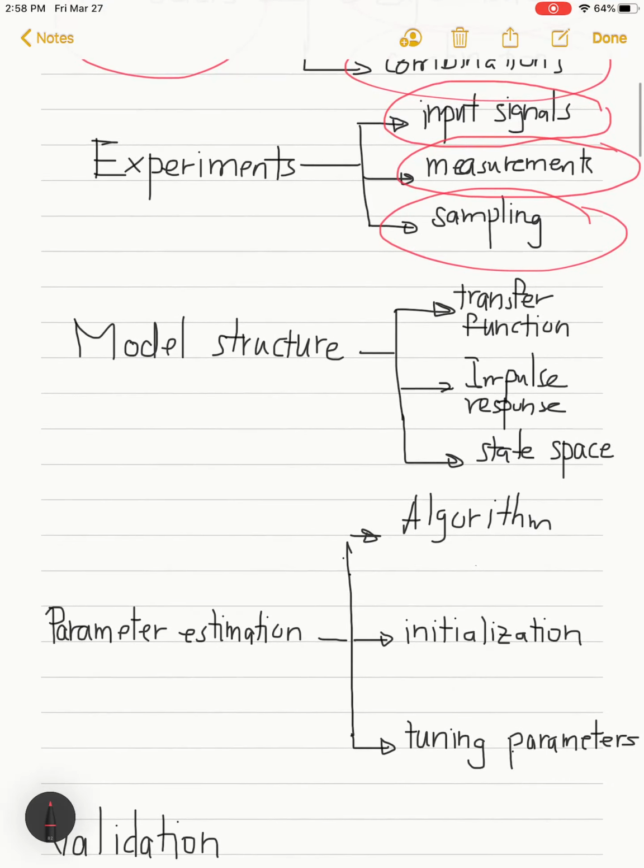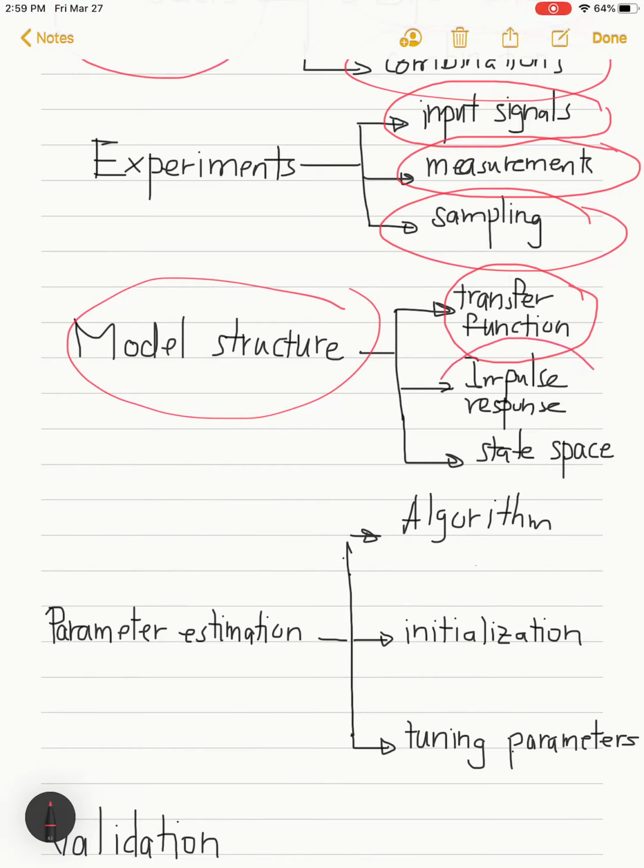Now once we decide upon that, we select a certain structure for our model, and there are different structures available in the literature. We know, for example, that we can represent the input-output relation by the transfer function, whether in the S-plane or the Z-plane in continuous or discrete time.